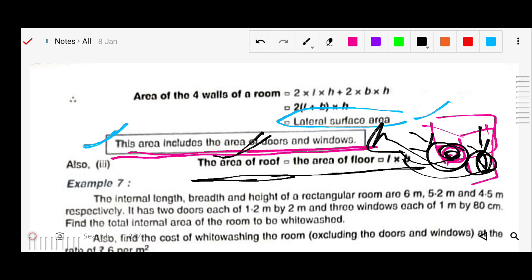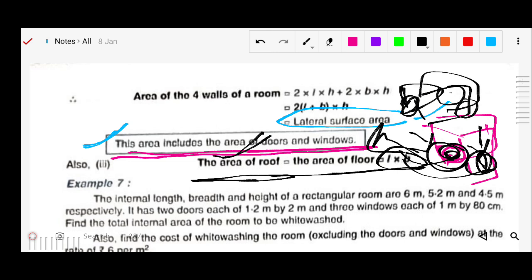The area of the roof is also the area of the floor, L into B. If it is 4 walls only, then it is the lateral surface area. But in the room, as you can see, there are 4 walls around you. So for that, 2 into (L plus B) into H. Okay, so this is the 4 walls.